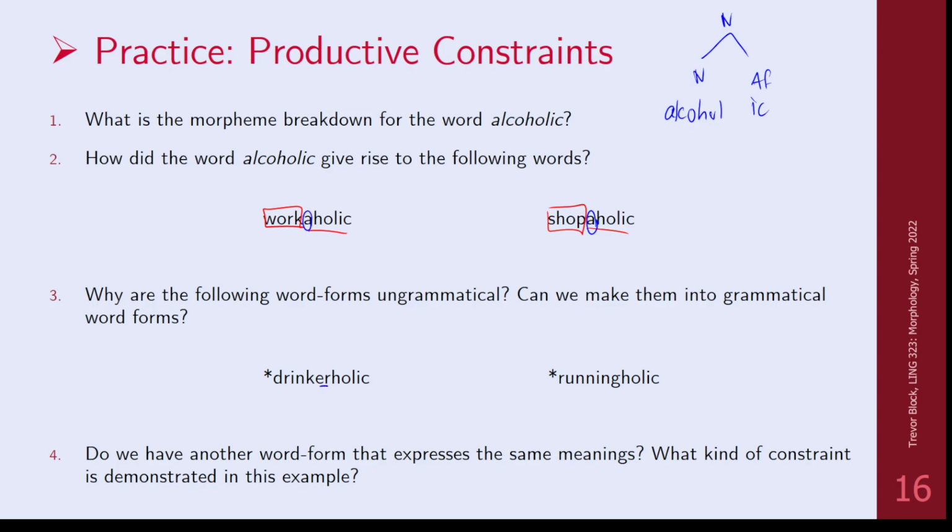Maybe holic doesn't attach to things that have a non-vowel at the end. That could be it. Or it could be that it only wants to attach to words in their infinitive form. So drinkerholic is not infinitive, it's a noun. So a drinker is a noun, so you can't get holic on it. Running is a continuous action, so you can't put holic on it because it's not in its bare infinitive form.